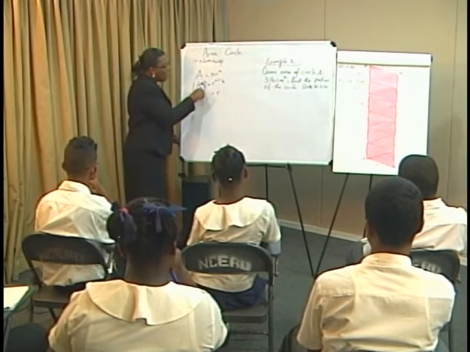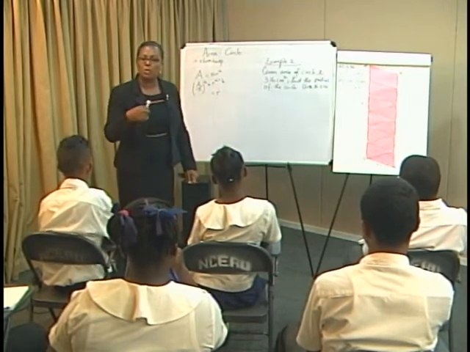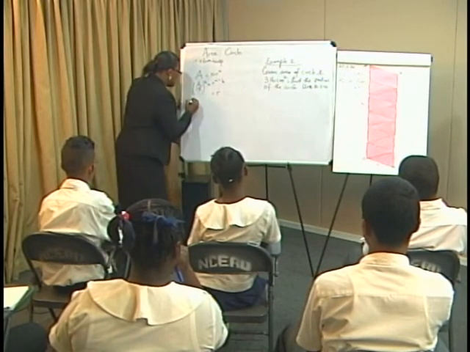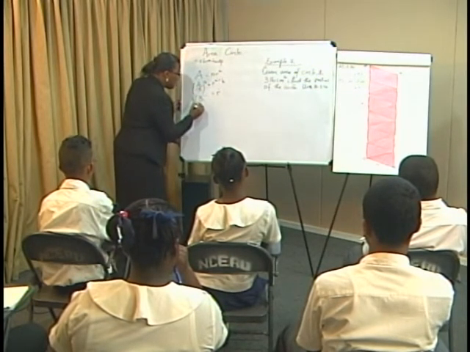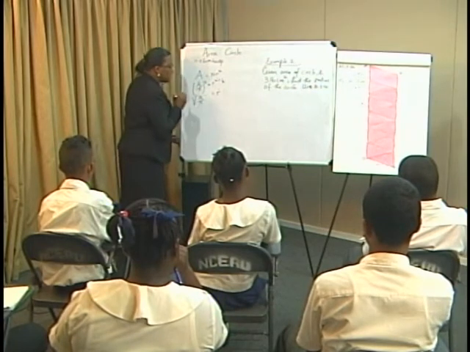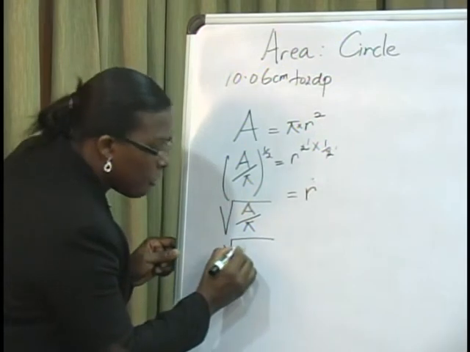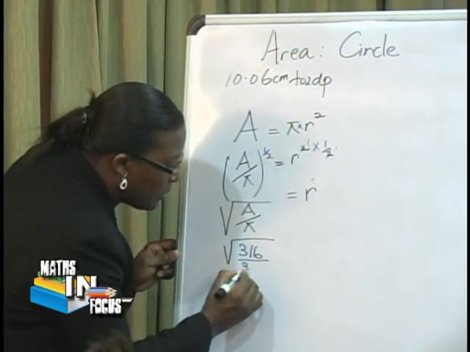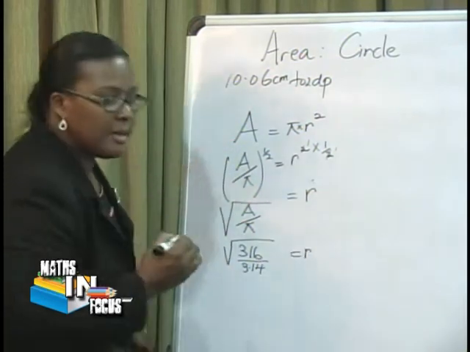Now, when we see a power of a half, what does that tell us? We're finding the square root. So the square root of the area divided by pi is equal to r. Let's substitute: the square root of 316 divided by 3.14 is equal to r.